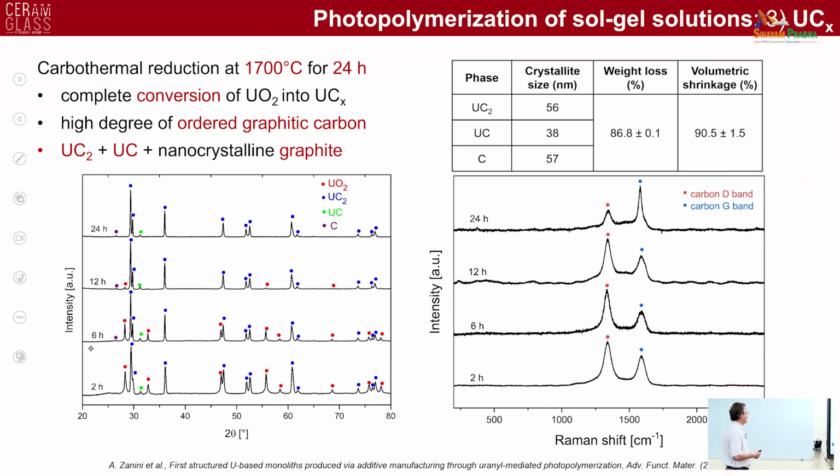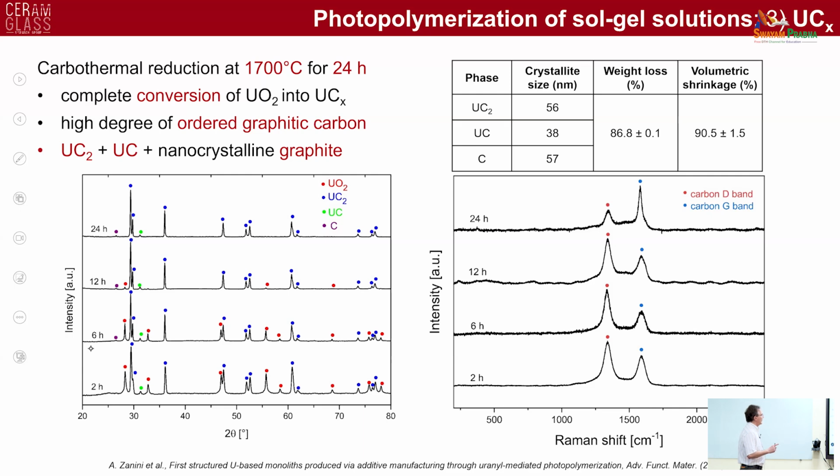But you can see that they were able to run XRD measurements on the hot material, and you can see that after 24 hours at 1700, they had a complete conversion of the uranyl precursor into uranium carbide with a lot of additional graphite, which is what they wanted.